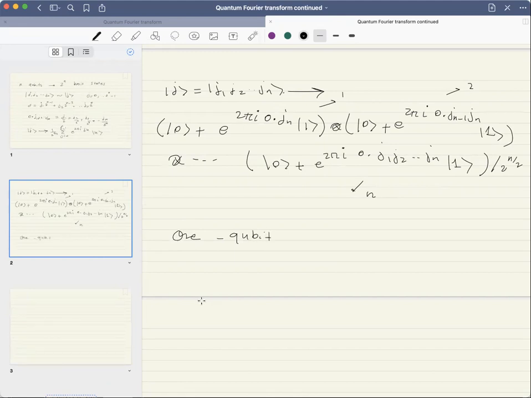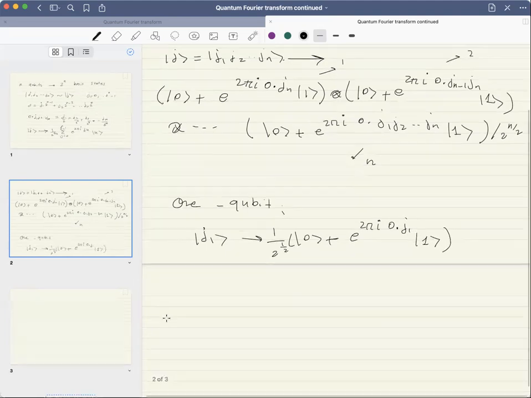If I have one qubit, then I have a state J1, which should be sent to 1 over, let's say, 2 to the 1/2, then 0 plus, well, the first one and the last one are the same. So e to the 2 pi i 0 point J1, state 1.